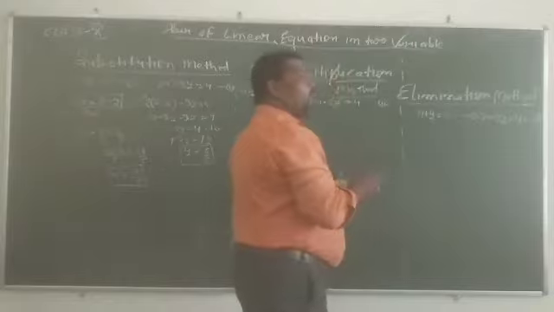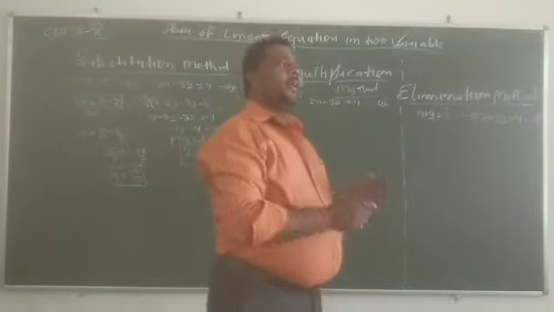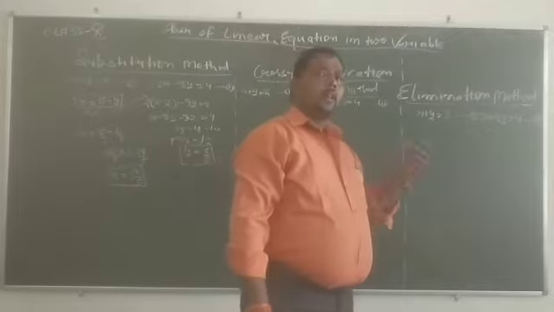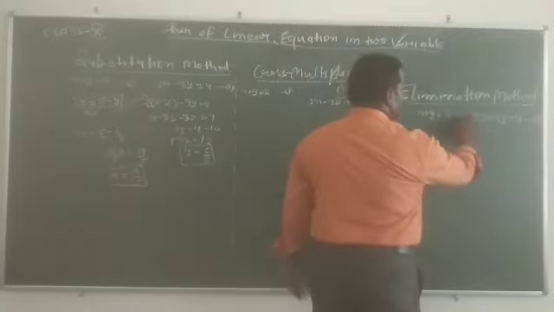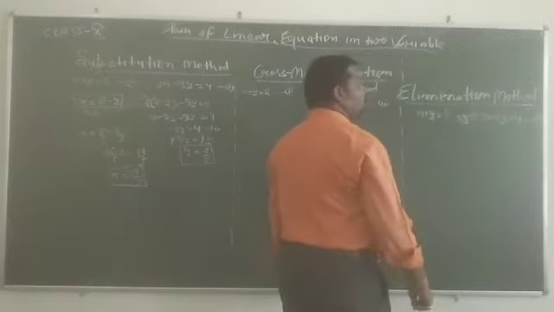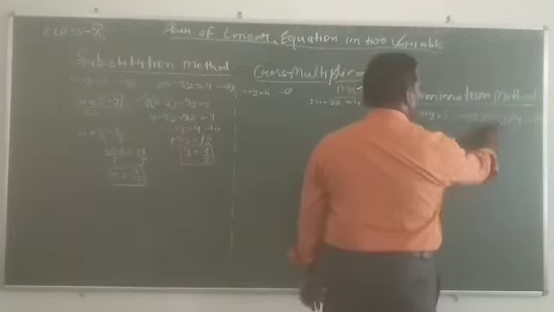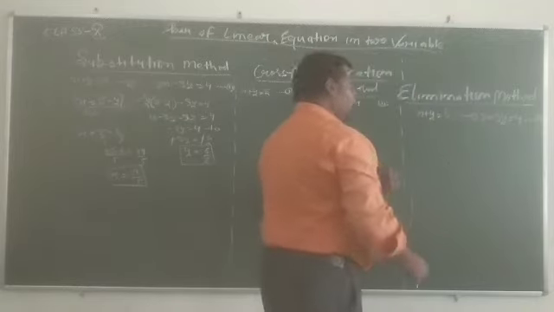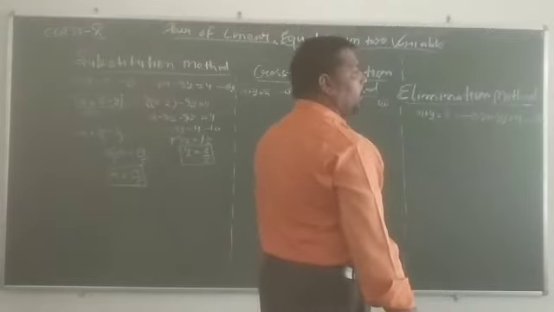So how can we equalize this step? We multiply or divide an equation. So equation first is multiplied by 3. Why are we multiplying by 3? Because here is 3y and here is y. So we want the equal steps, multiplied by 3.